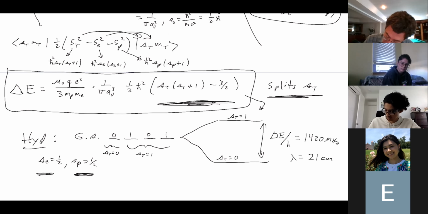And so this is how astronomers see dust clouds. Astronomers use this to see dust clouds, because what astronomers do is they look for this.